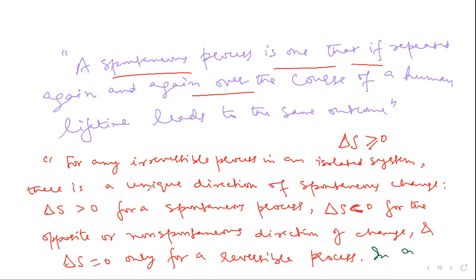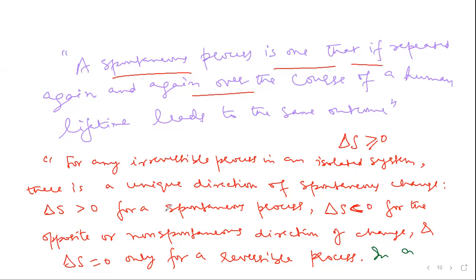I repeat it: for any irreversible process in an isolated system, there is a unique direction of spontaneous change. Which is that direction? Delta S greater than 0 for a spontaneous process. Delta S less than 0 for the opposite or non-spontaneous direction of change. And delta S equal to 0 only for a reversible process.